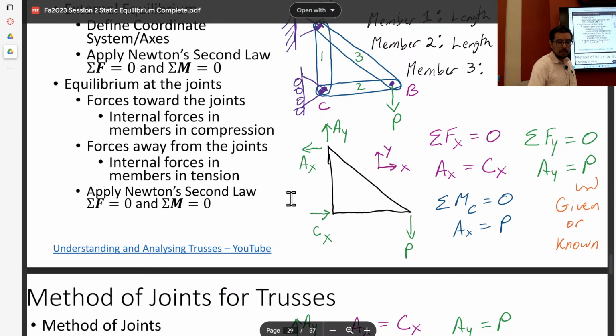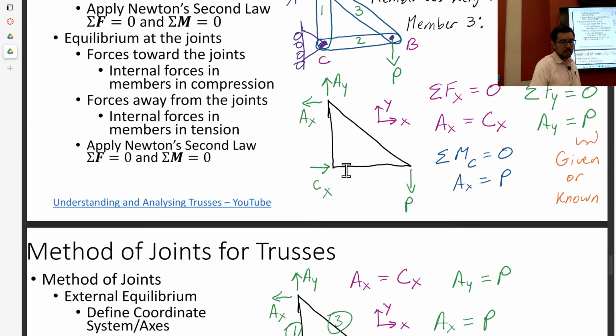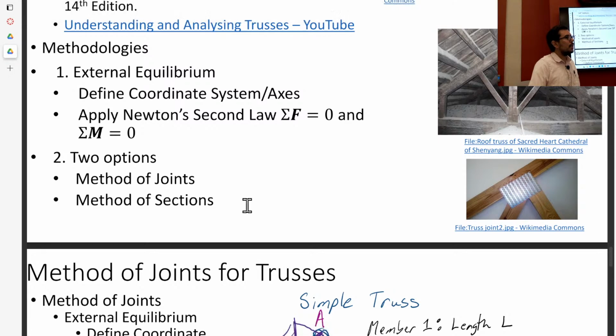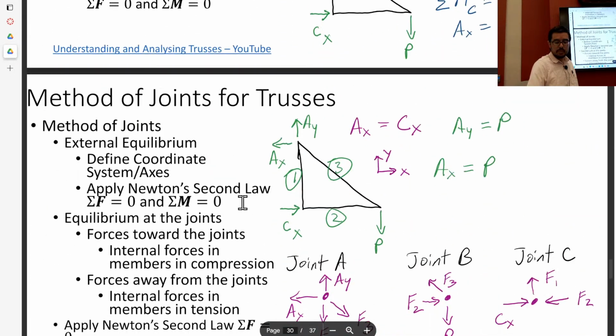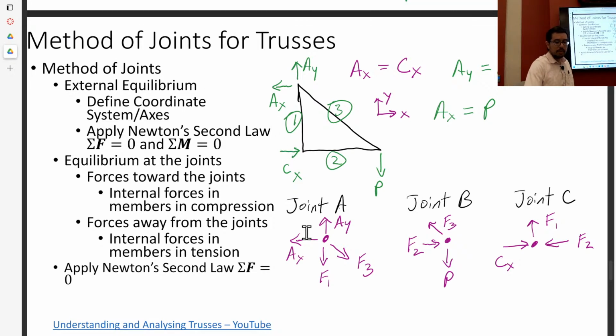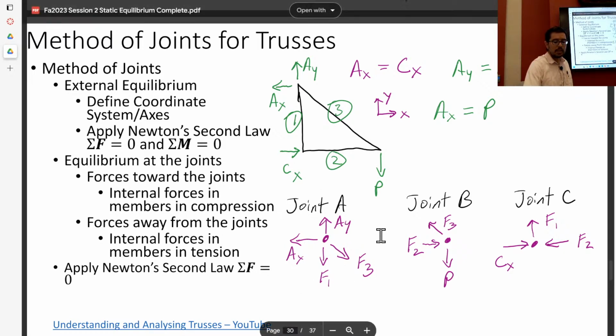Then, after doing equilibrium here, I have a choice to make. I can use either method of joints or method of sections. If I use method of joints, what I have to do is write out every single joint and the forces acting on those joints.